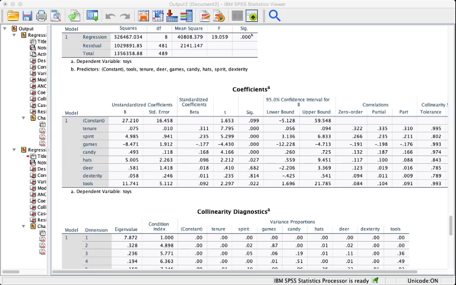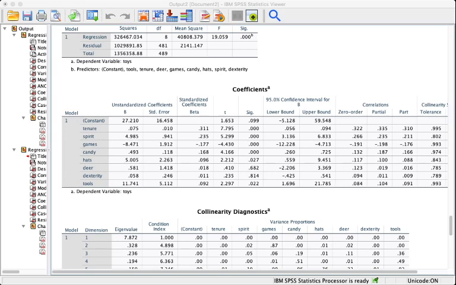Put another way, this first B column tells us the change in the outcome variable per 1 unit change in the predictor.